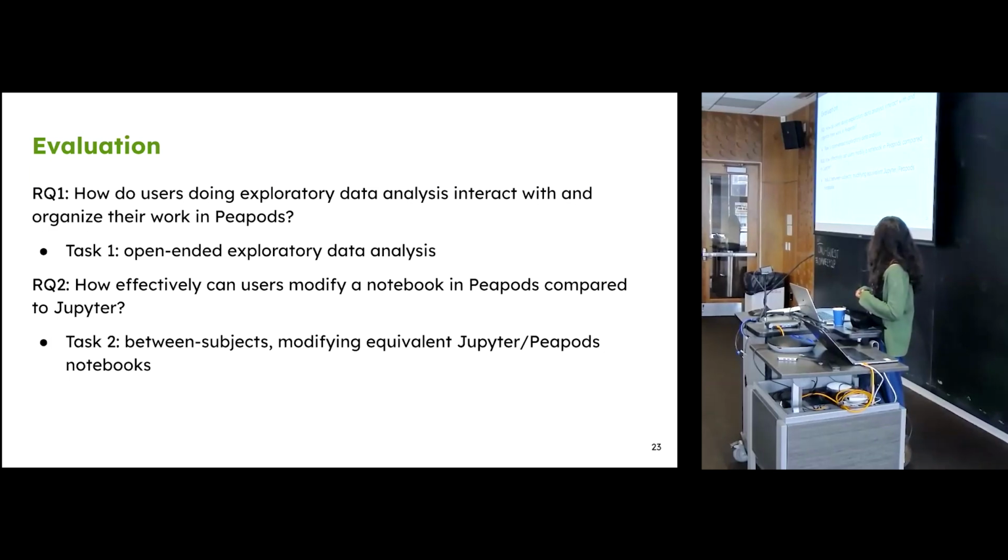And so as a signal for this, our second research question is how effectively can users modify a notebook in Peapods compared to Jupyter? And for this we have a between-subjects task, and we have equivalent Jupyter and Peapods notebooks, which we ask people to make edits to.